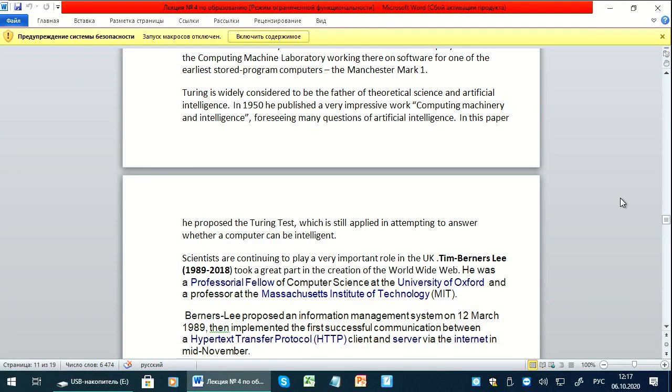Berners-Lee proposed an information management system on the 12th of March in 1989.